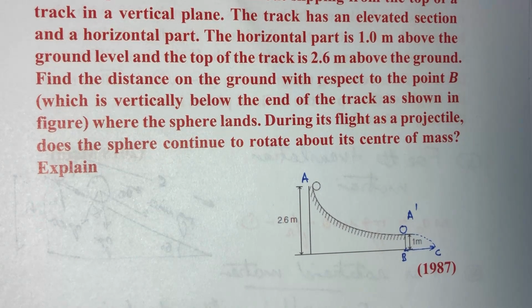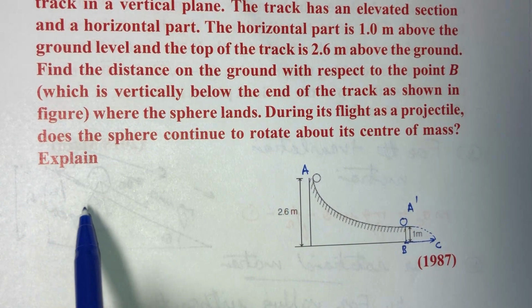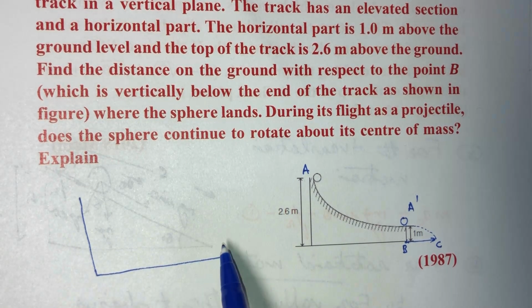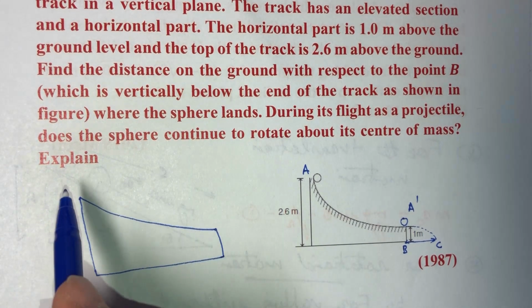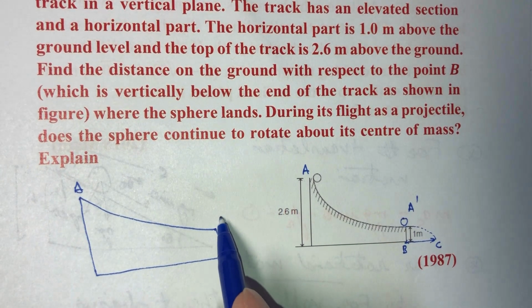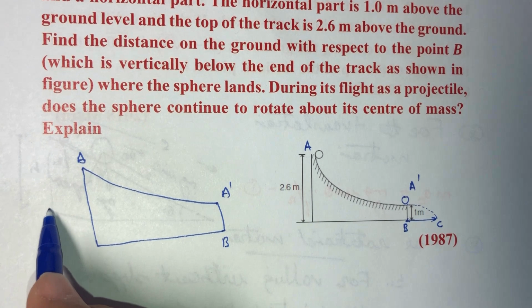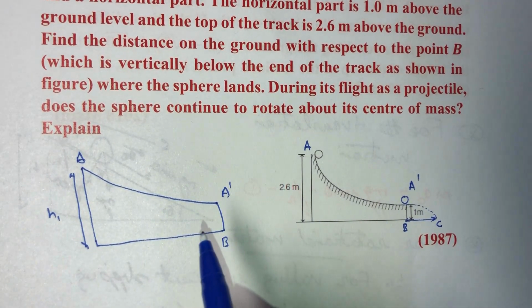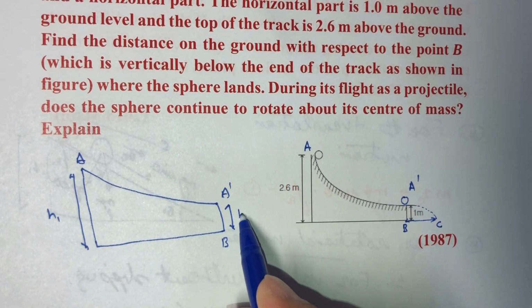Okay, and for the sake of convenience, let us draw this figure again. So this is point A, this is point A prime, and this is our B. Let us suppose this height is given as h1, which is 2.6 meter, and this height is our h2.